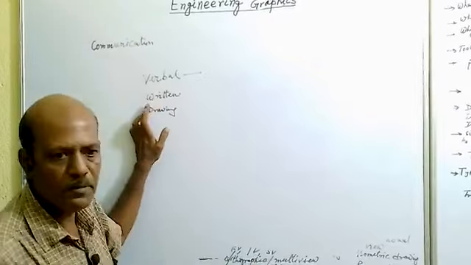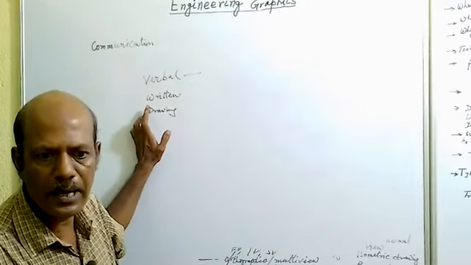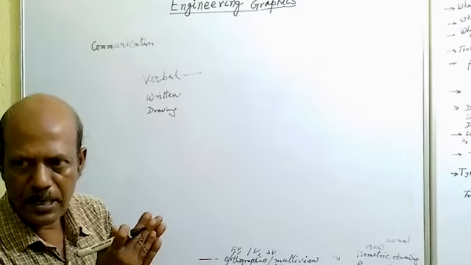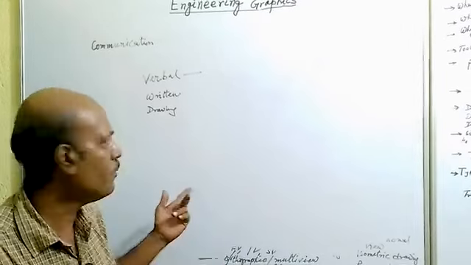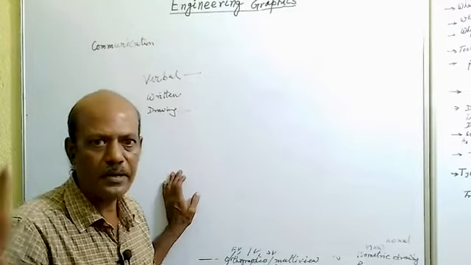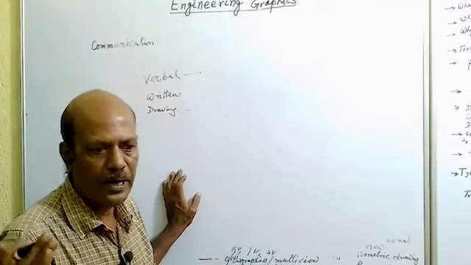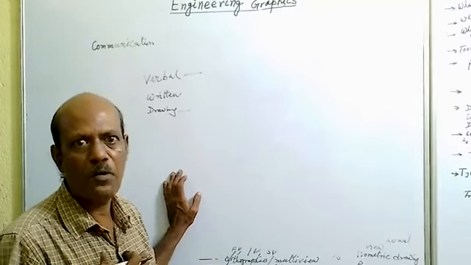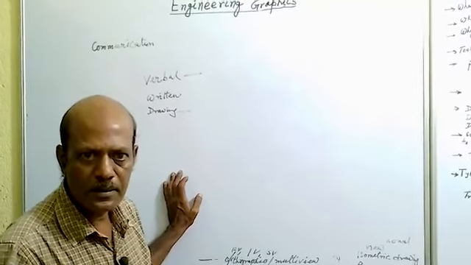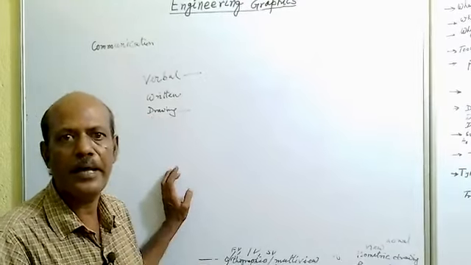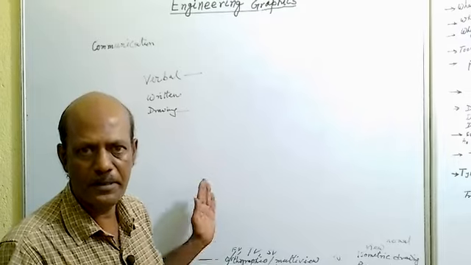And written communication is with the help of letters or some writings, so the idea can be transferred from one person to another person. And drawing is an excellent media by which the idea can be transferred from one person to another. Not only in engineering, it can be in any field.